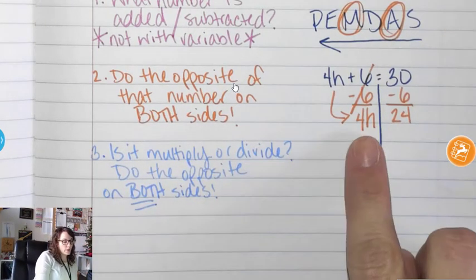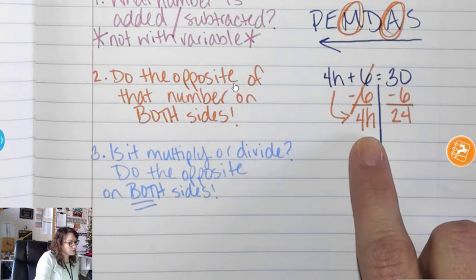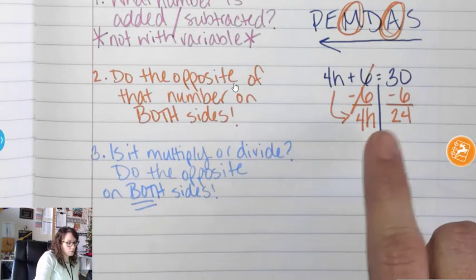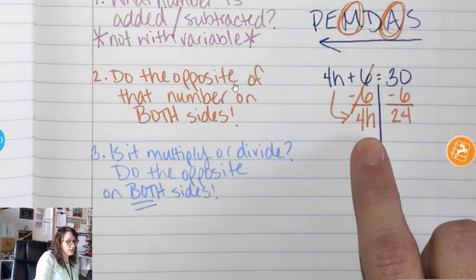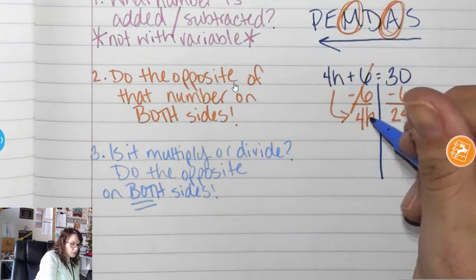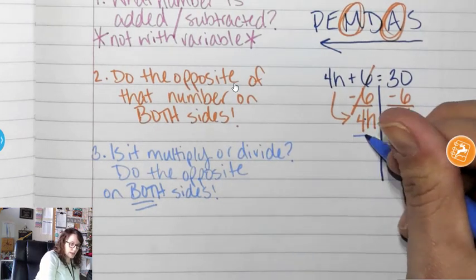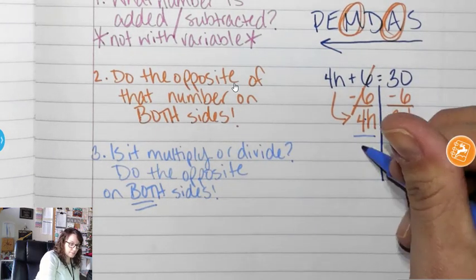So, 4h. Is that multiplying or is that dividing? Multiplying. When the number is touching the letter, it's multiplying. So since this is multiply, you can put a dot. I'm going to divide both sides by 4.